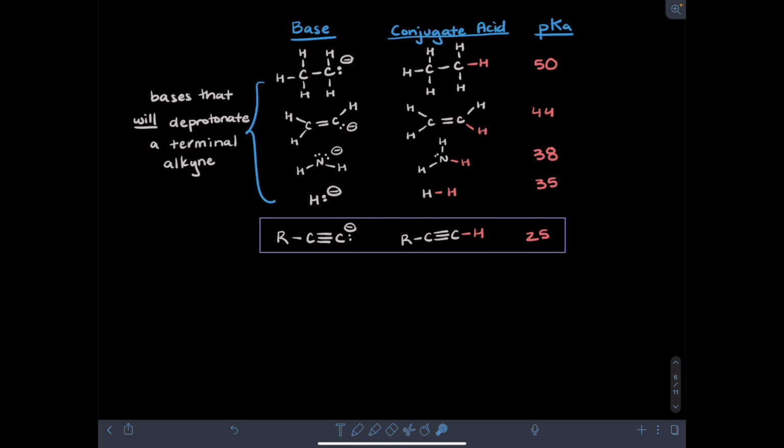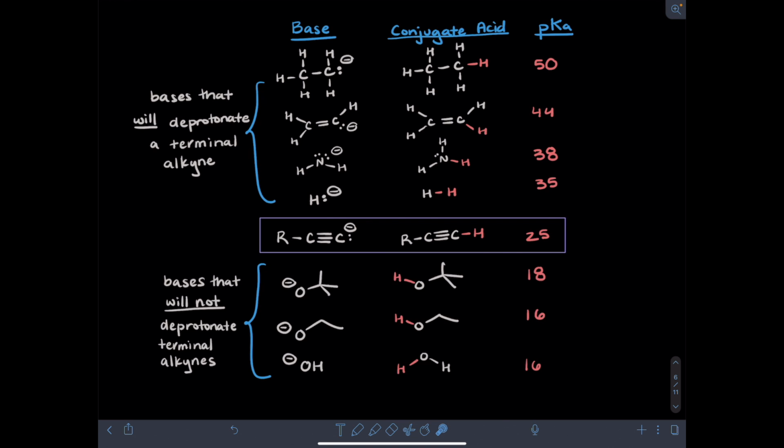These bases include anionic carbons that are sp3 or sp2 hybridized, anionic nitrogens, and H- hydride. The conjugate acid of hydride is H2 gas, which has a pKa of 35.